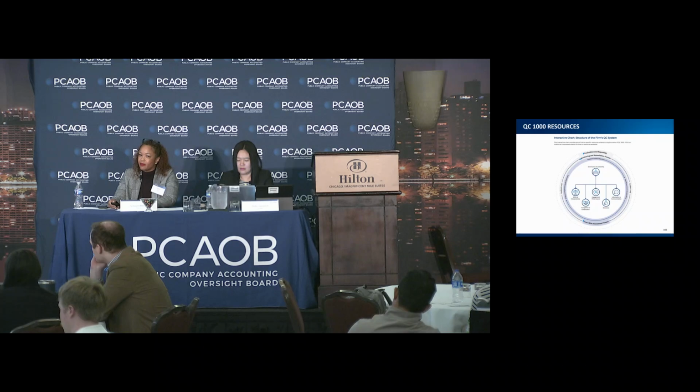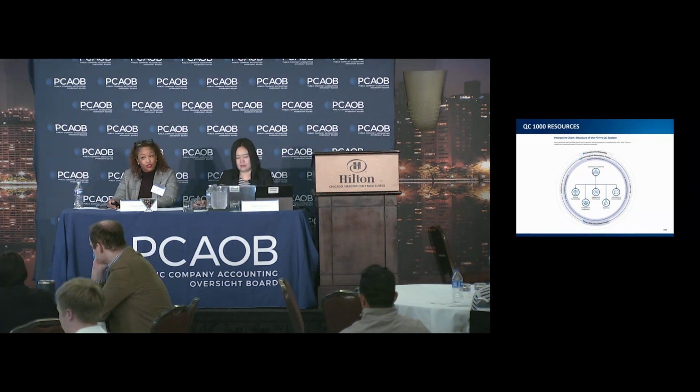We've provided a number of staff guidance documents to assist with implementation, including a comprehensive staff guidance over QC 1000, and then one also over AS 2901, a practice aid that provides high-level overview of certain features that are unique to QC 1000, and then we also have posted a tabular comparison of QC 1000 with ISQM 1 and SQMS 1. We also have a series of knowledge checks and staff presentations on that page.